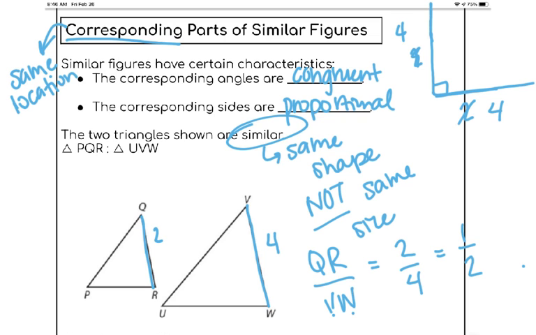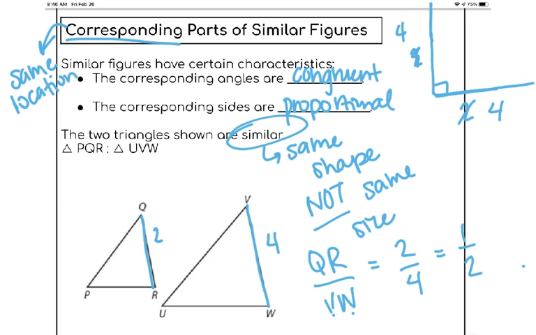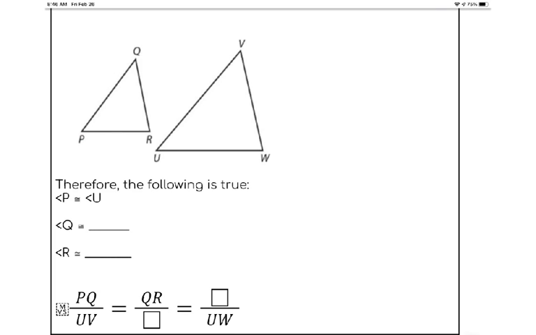The proportion for every corresponding side is going to be 1/2, okay? So that's what that is referring to. Okay? So let's look here. So therefore, now that we know all of that information, we know that the corresponding angles are congruent and the corresponding sides are proportional. So let's look.